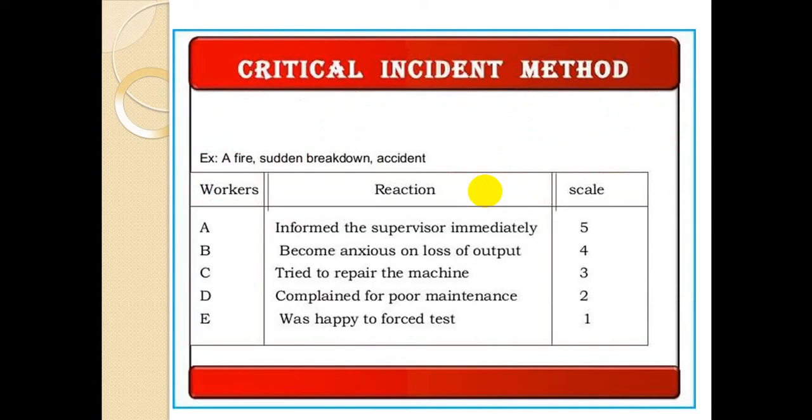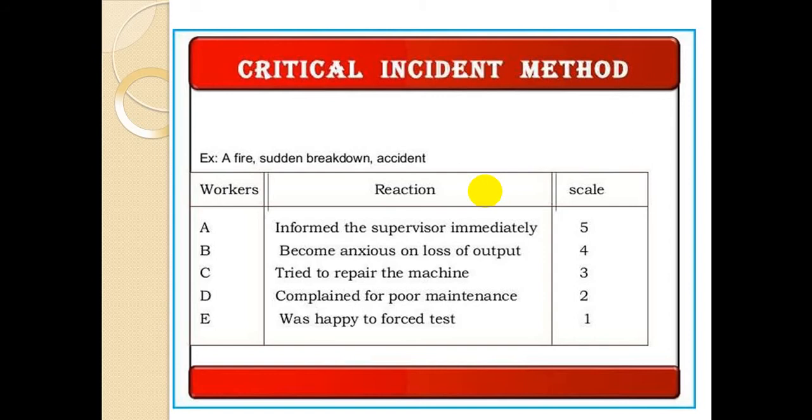For example, if suddenly a fire or a sudden breakdown or an accident happens in the factory, if the employee informs the supervisor immediately, then we will give 5 points. If he becomes anxious on loss of output, then they will give 4 marks. If the employee tries to repair the machine, then we will give 3 marks.